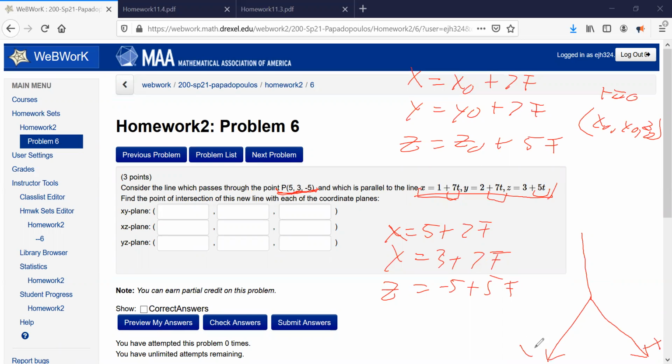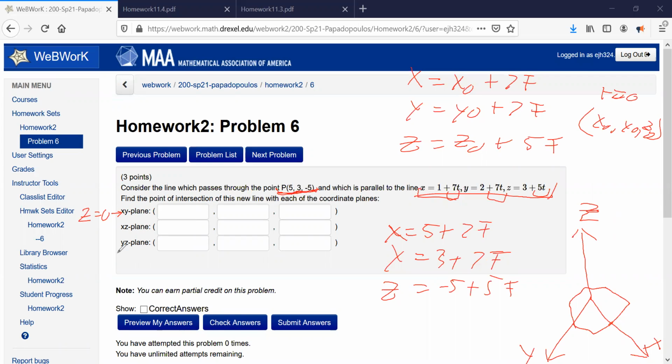So if this is X, this is Y, and this is Z, the XY plane would go something like this, right? Something that looks like that. Sorry if my artistic endeavors are not terribly informative. So the XY plane is when Z is equal to 0. That is what defines the XY plane.